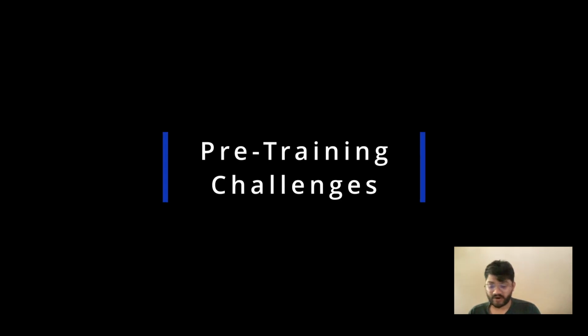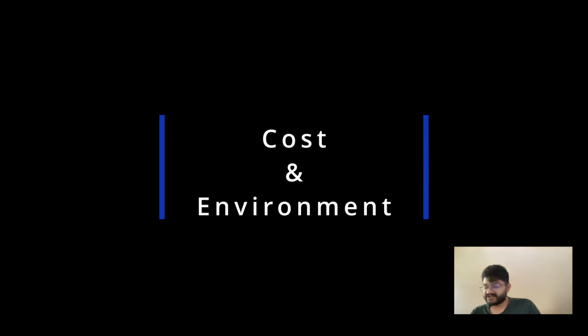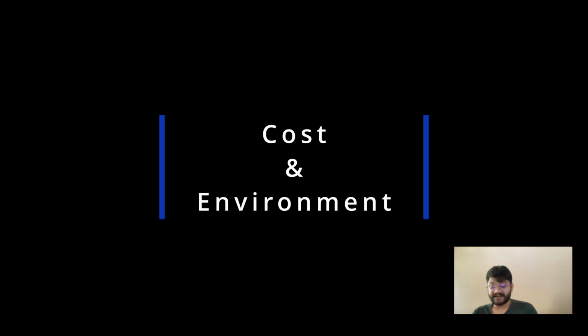What are the pre-training challenges? Pre-training transformer models is often difficult and costly due to immense data and resource requirements. What are the pre-training complexities? They require processing of vast text data, typically handled by companies like Google or OpenAI with expensive infrastructure. So what's the cost-efficient and environmentally friendly approach?